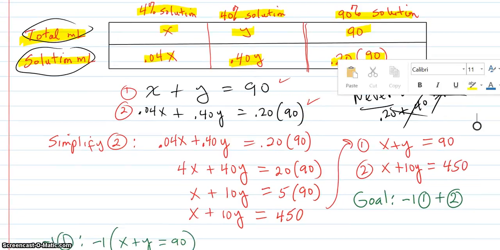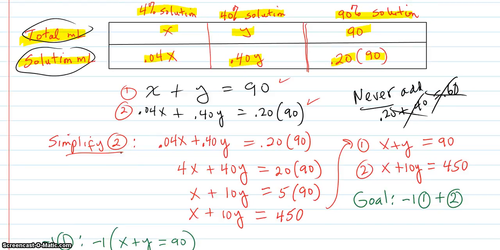So then we're going to clean up number 2, simplify number 2. 4% of X plus 40% of Y is 20% of 90. That's what it was. Then we're going to multiply both sides by 100, and move the decimal over 2 places, and get 4x plus 40y equals, it was 0.20, now it's 20 times 90.